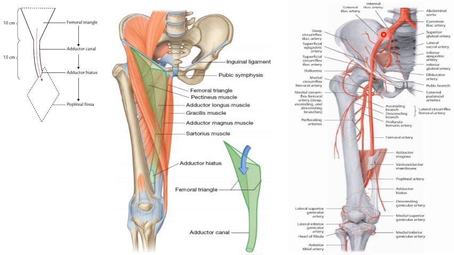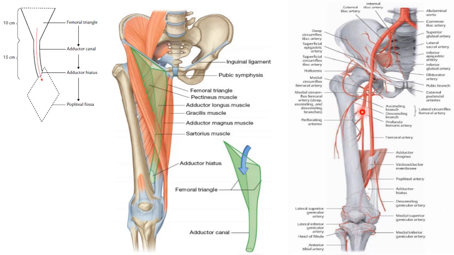So here the external iliac artery at the mid-inguinal point behind the inguinal ligament continues as the femoral artery. As it passes through the adductor hiatus and appears into the popliteal fossa behind, it continues as the popliteal artery.